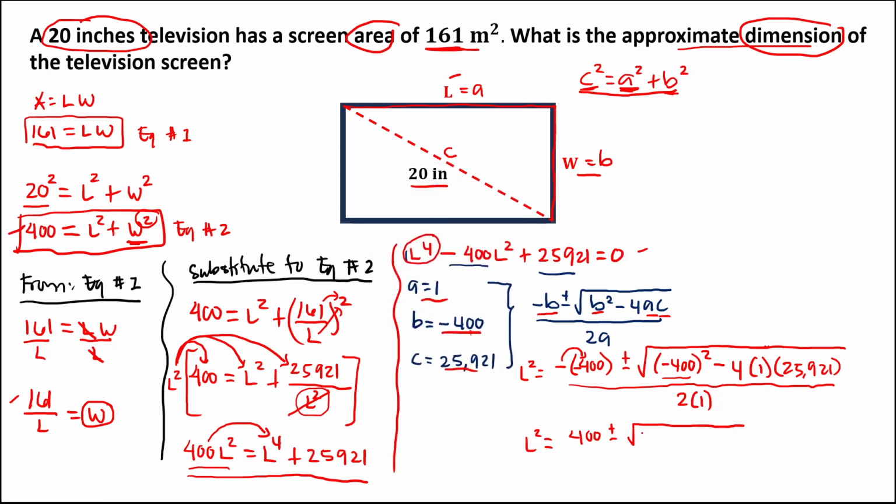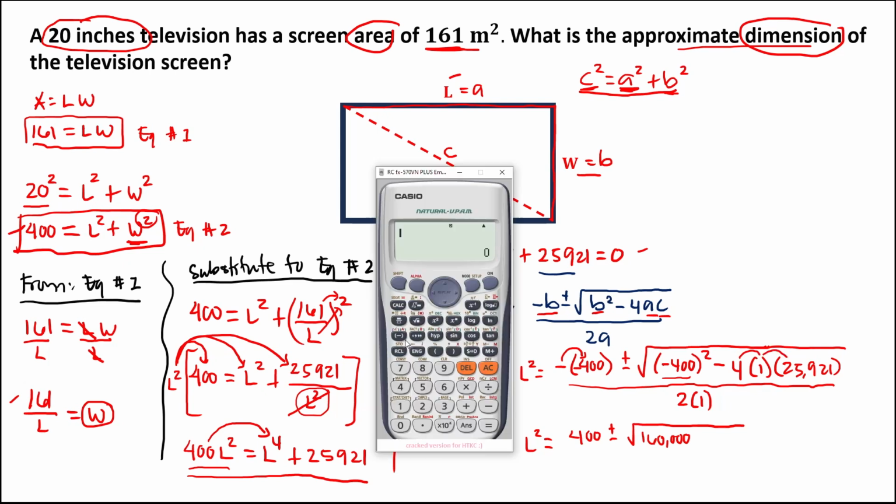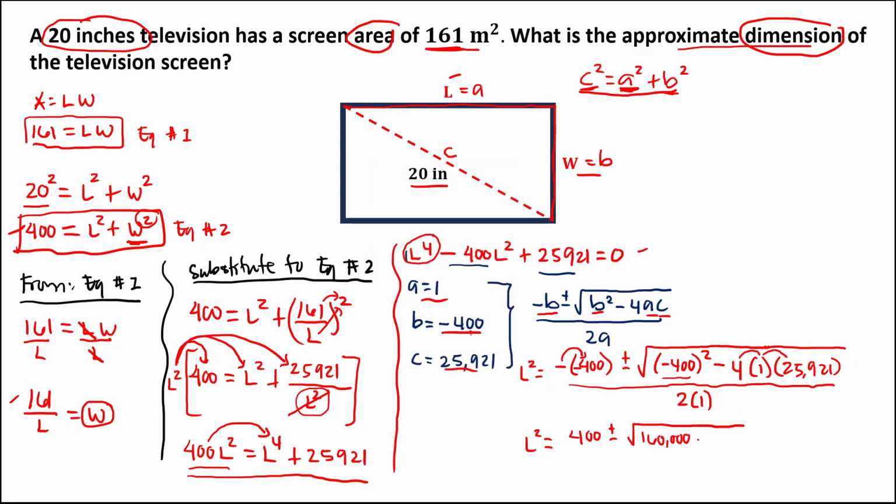Then minus 4 times 1 times 25,921. So negative 4 times 1 times 25,921 is negative 103,684, then all over 2 times 1, which is 2.